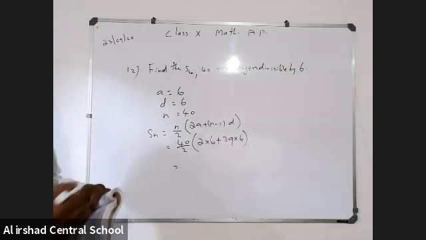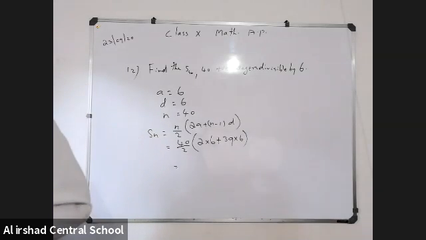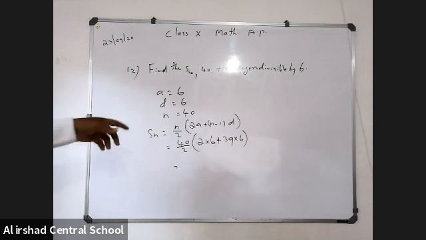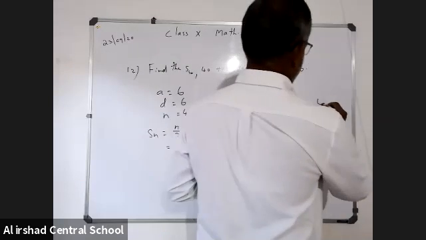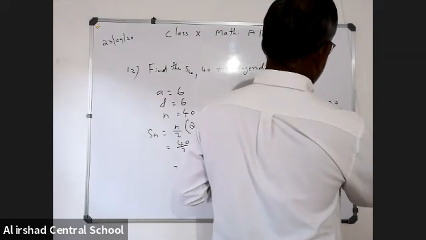Find the answer. This will do. This is a method. A plus L also you can do, but we have to find L like that. Now it is easy here because everything is given. Are you getting 4,920? That is the answer. Yes, 4,920.